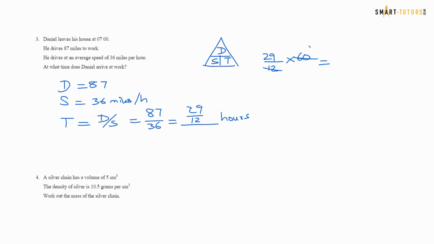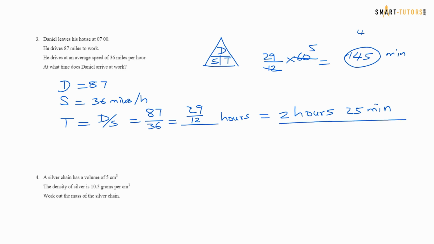So that gives 145 minutes, which is 2 hours, which is 120, and 25 minutes. So 2 hours and 25 minutes. So 7 o'clock is the start, and this is going to be 0925. So that is the time he reached work.